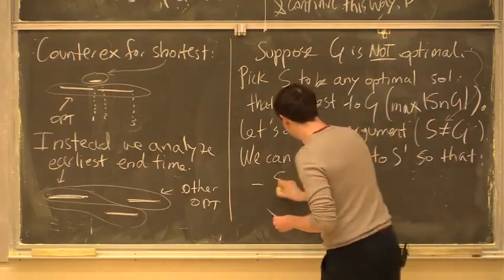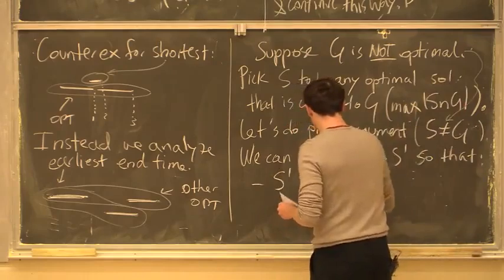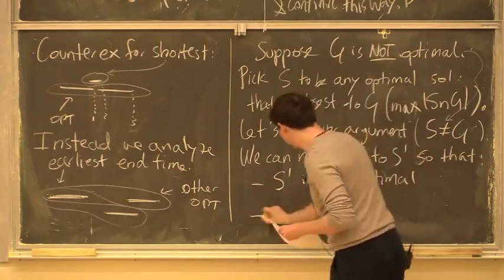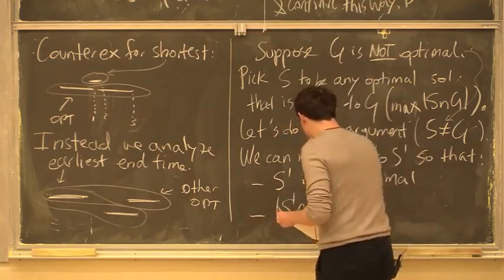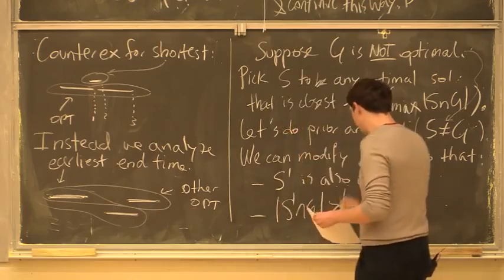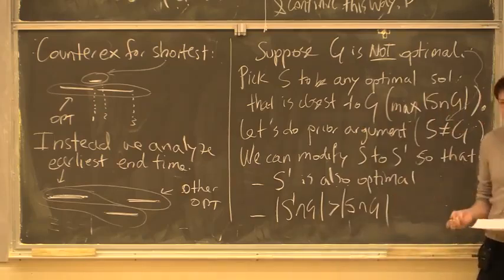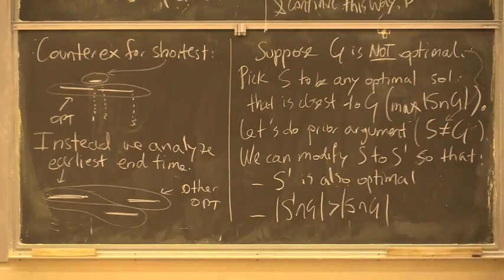One, S prime is also optimal. And second, the intersection of S prime and G has gone up. It's greater than S intersect G. But that's a contradiction, because we picked S to maximize S intersect G among all optimal solutions. So that cannot be.